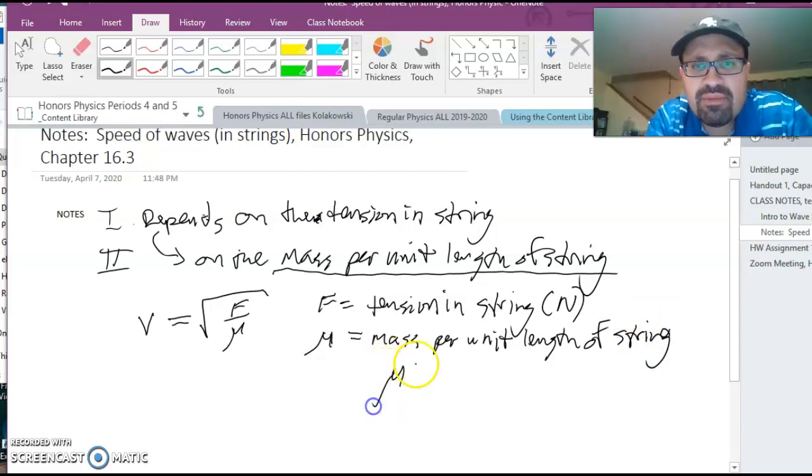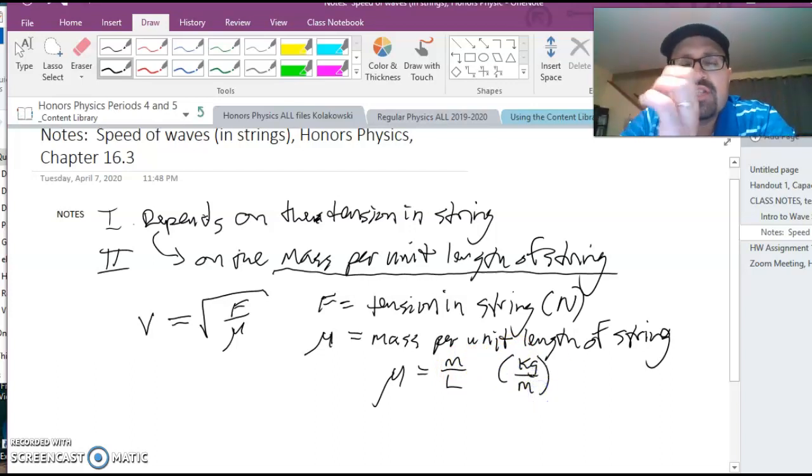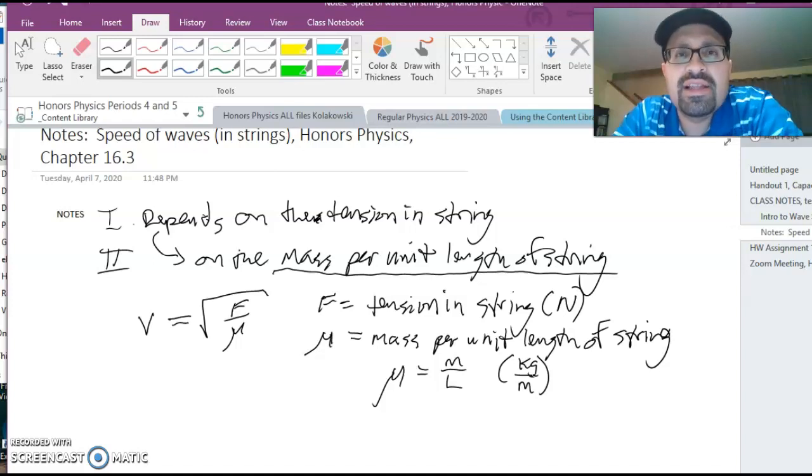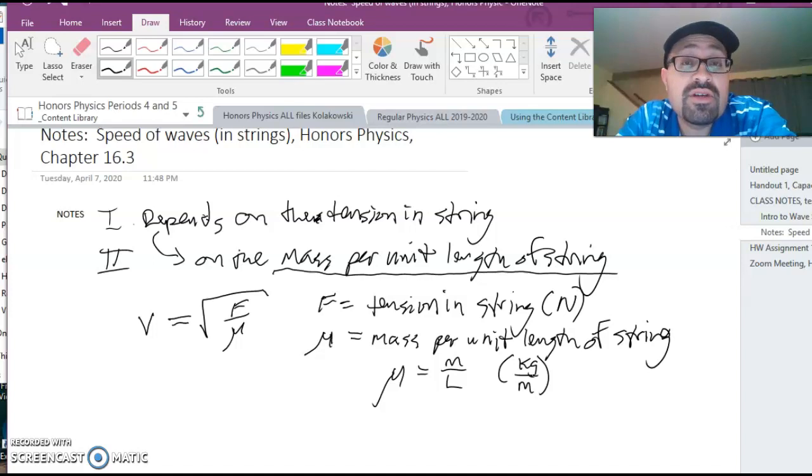Anyway, mu is m over L. The units on this would be kilograms per meter. And you can imagine if you have a skinny string or a fat string, think of a musical instrument like a piano or violin or guitar. Some strings are skinnier than others, some strings are fatter than others, and that's going to, of course, affect the way in which a wave will travel through the string.